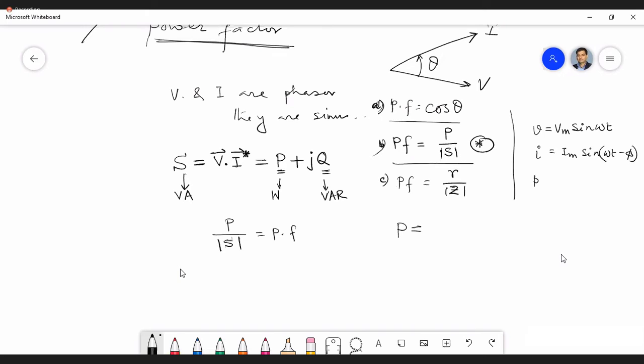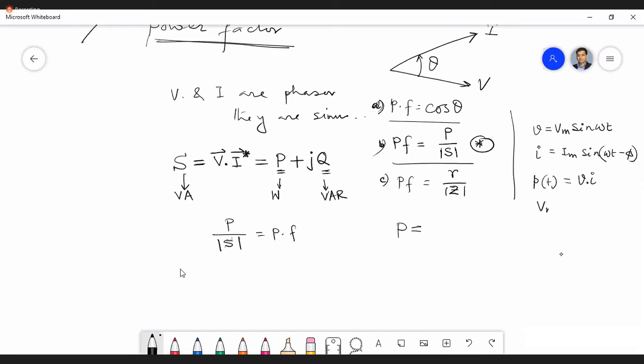And when we multiply these two, we'll get another time varying quantity, because both the small v and small i are time varying quantities.